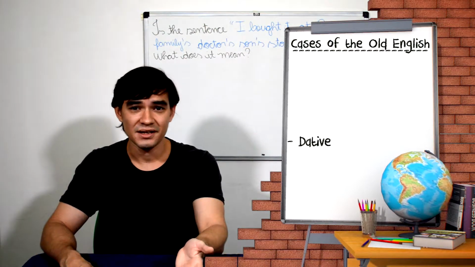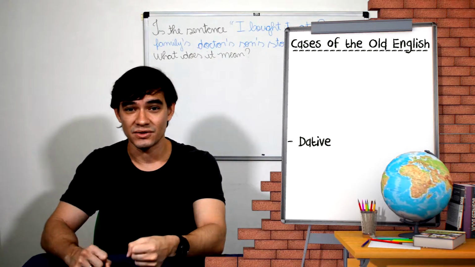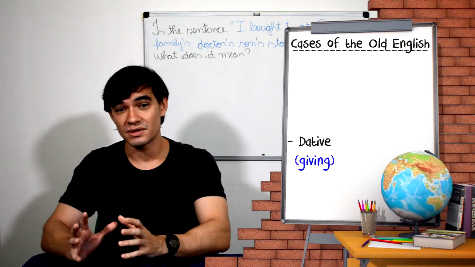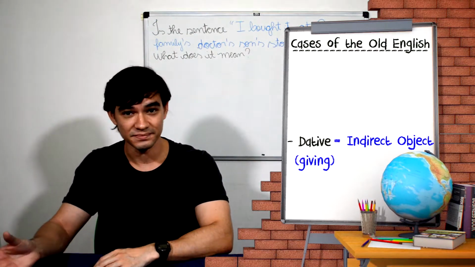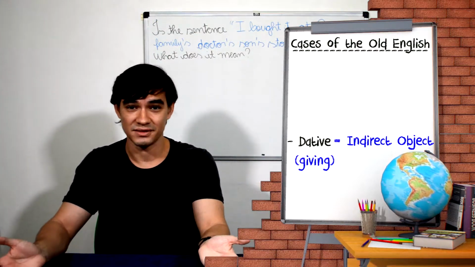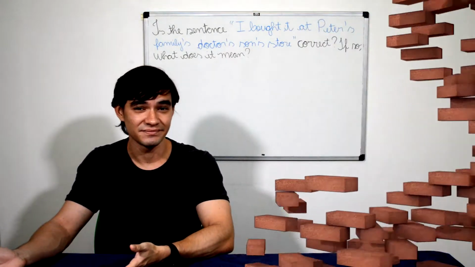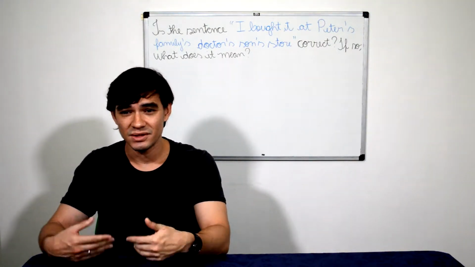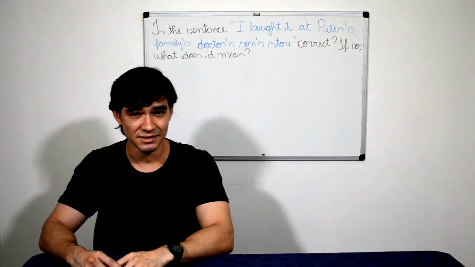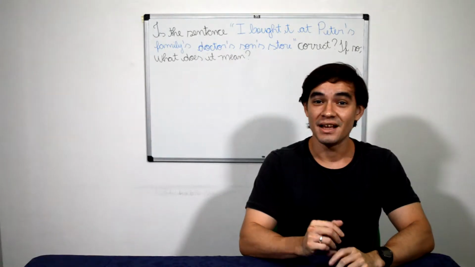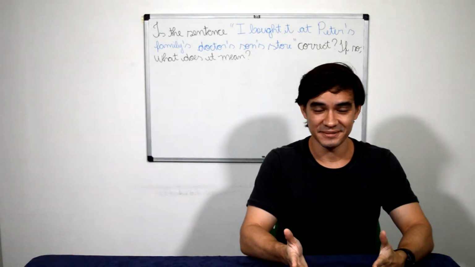The dative case, however, comes from the act of giving, so it's usually the indirect object of the verb. We also have this in Portuguese. See? We use things and we don't even know it. And the languages are more alike than we think sometimes. But anyway, let's come back.